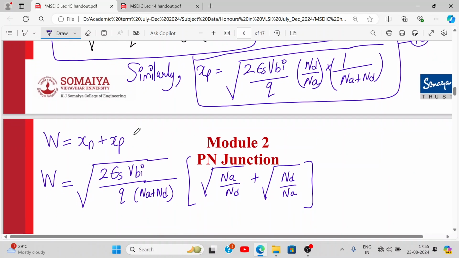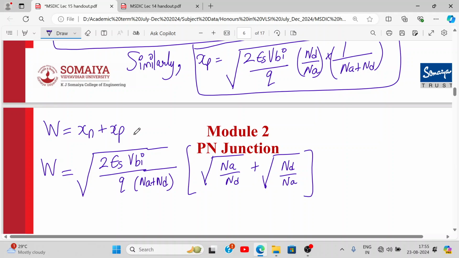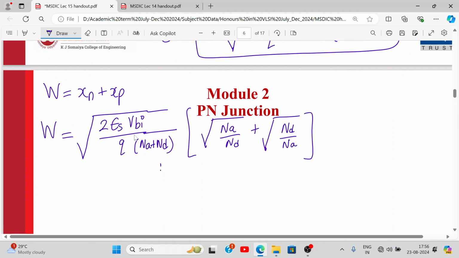Now what do we do with this? You can input the values, but this can be simplified. I'll skip some steps.